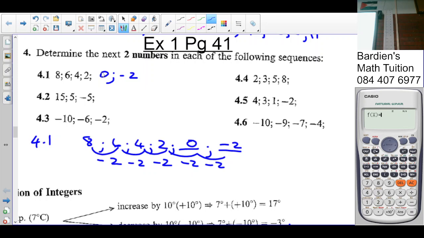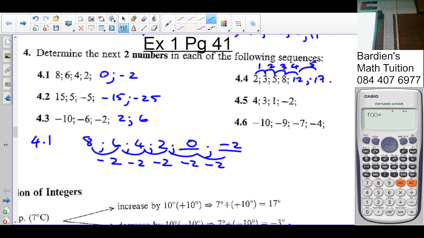So negative 15 minus 10 is negative 25. The next one? We're adding 4. So it's going to be positive 2 and 6. The next one, you're adding 1, then 2, then 3. So I must add 4, which is 12. You add 5, 17.